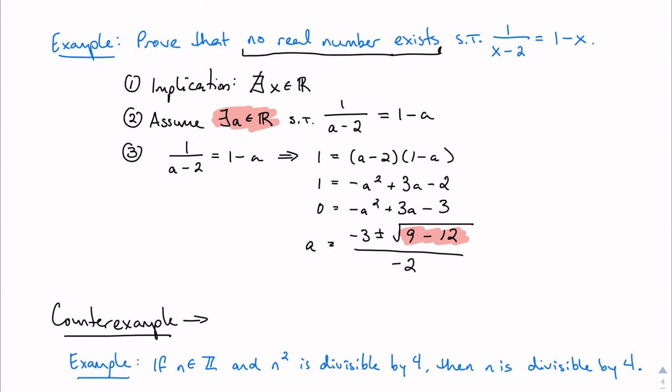I can't take the square root of a negative number. You can't take the square root of a negative number and still have a real solution. But we had to assume that we had a real solution, but we don't, right? And this is where we get our contradiction. So I'm going to say this is a contradiction.